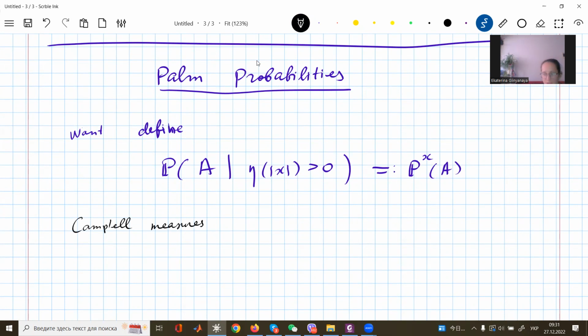So let us define a measure on the space where the point process lives times the space omega. I recall that we have omega, F, P, this is our probability space.